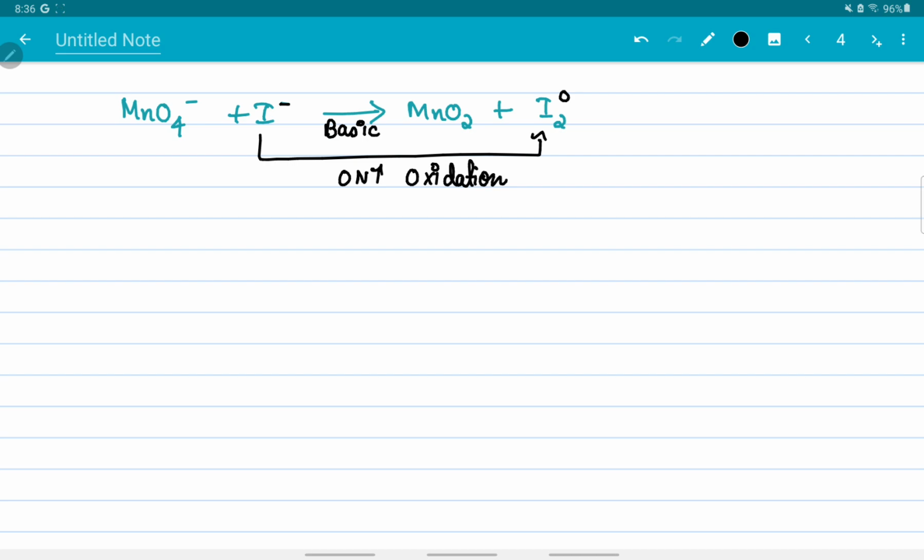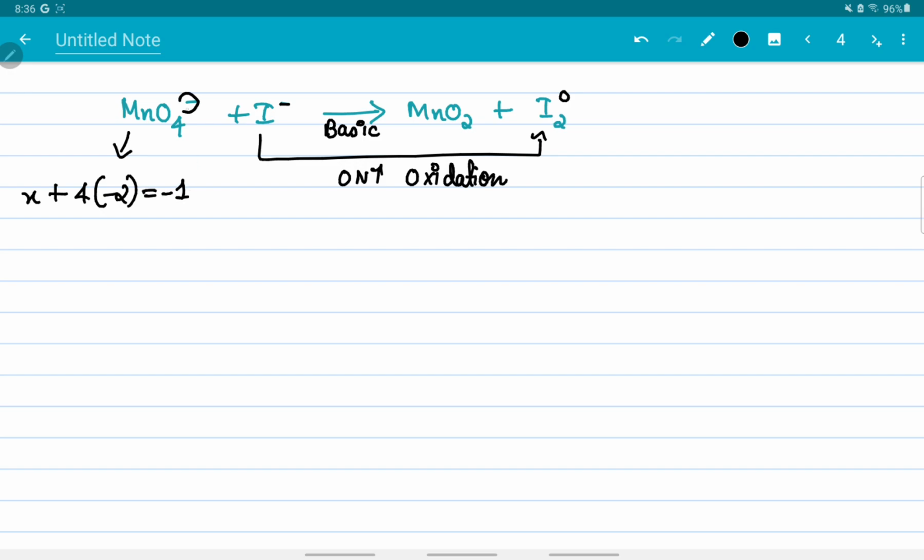Now when the oxidation number is increasing, that means oxidation is taking place. Now if you check for Mn, definitely this will get reduced, but let me show you the oxidation numbers also. So in case of this Mn, let me take it as X plus 4 times, because there are 4 oxygen. Now the oxidation number of oxygen is minus 2. We usually take it as minus 2. There are other oxidation numbers also, but when we are going to find it for a compound, we always take it as minus 2. And this will be equal to minus 1.